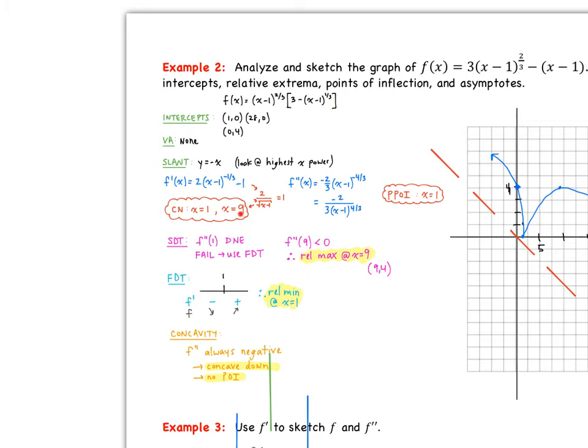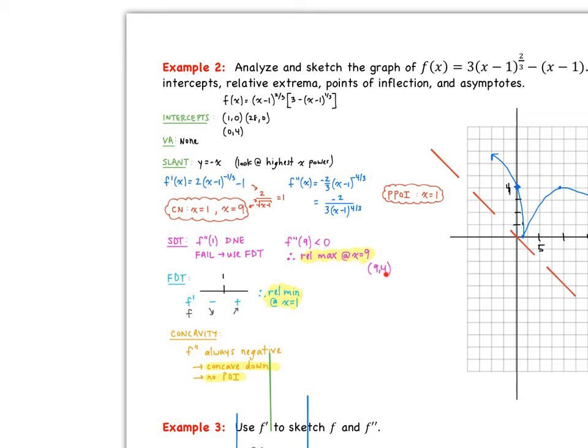Okay, so now taking into account the second critical number of 9, we can use the second derivative test. So plug this critical number into our second derivative, and it is negative. Therefore, we have a relative maximum at x equals 9. And when we plug 9 into our original function, we'll get a y value of 4.